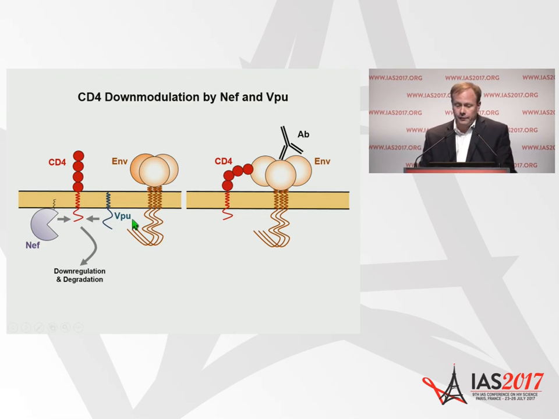In cells infected with Nef- or Vpu-deleted virus, or particularly when both of these gene products are absent, CD4 is retained on the cell surface, and it can engage the envelope glycoprotein and trigger a conformational change that exposes CD4-inducible epitopes. These can then be targeted by antibodies that are abundant in the plasma of most infected individuals, and that can mediate the killing of these virus-infected cells.